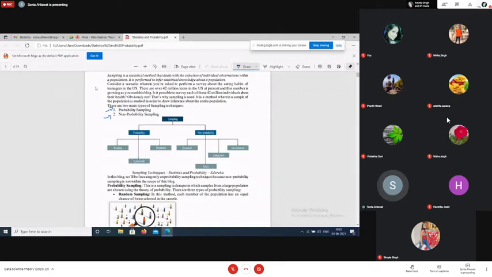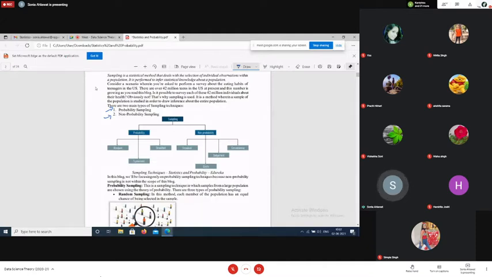If the population comprises male and female, and we are more interested in females, the probability of having females in that particular sample is half, because there are only two types of events occurring, male and female. So that is probability sampling.